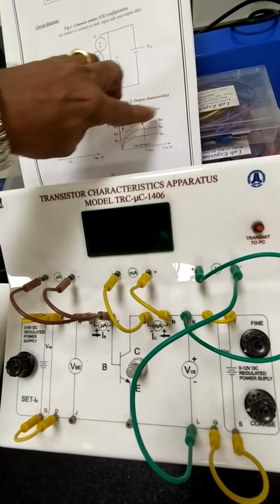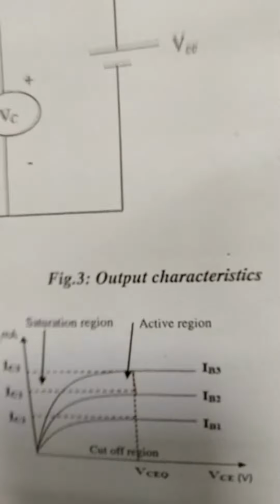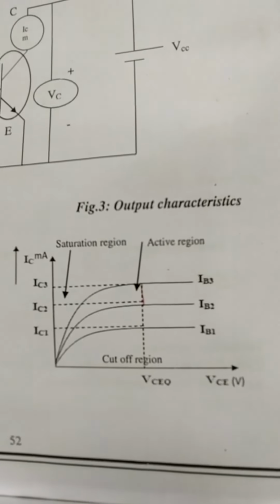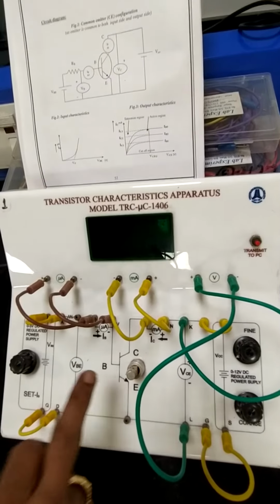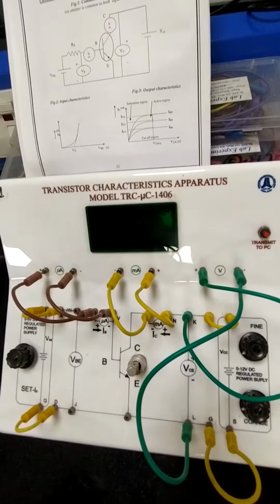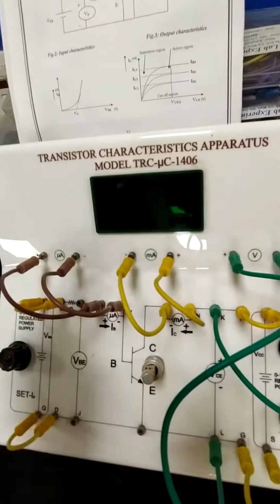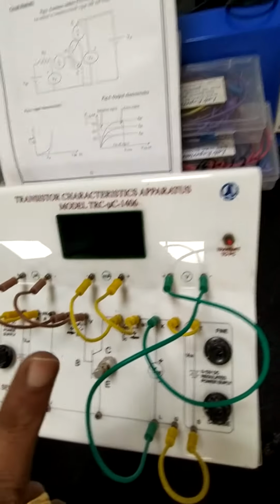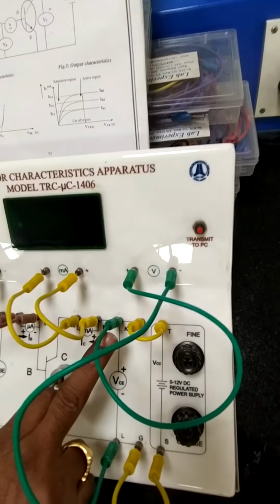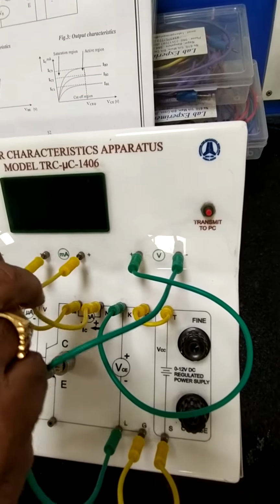Similarly, you can take the output characteristics. So what is meant by output characteristics? At constant input current IB, there will be variation in the output voltage VCE, and we will get the IC current.